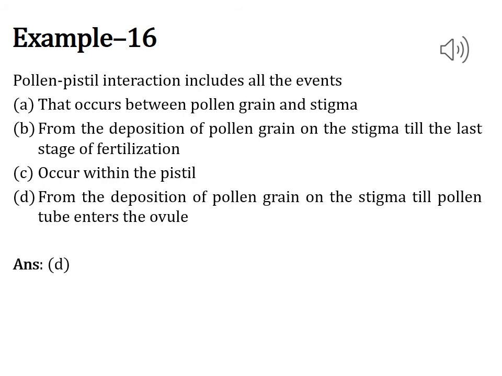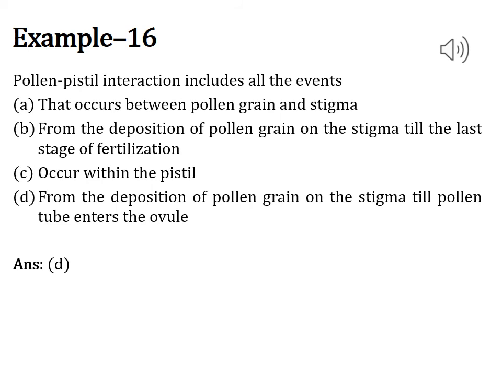As 16th example, pollen pistil interaction includes all the events, from the beginning, pollen germination and release, till the fusion of male and female gametes in the ovary. That is completely called pollen pistil interaction.